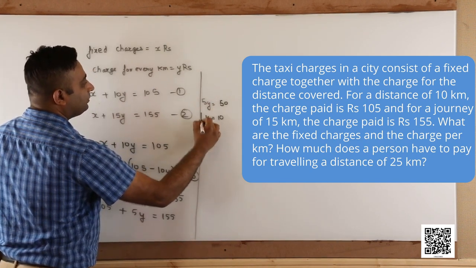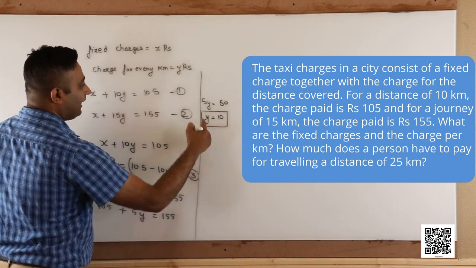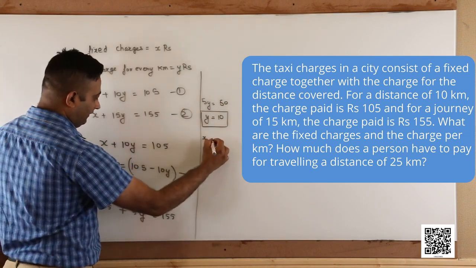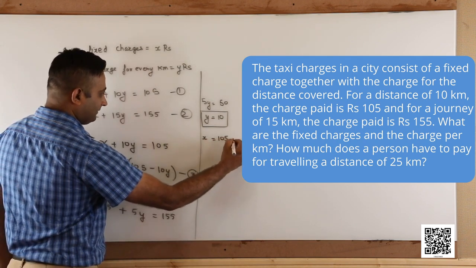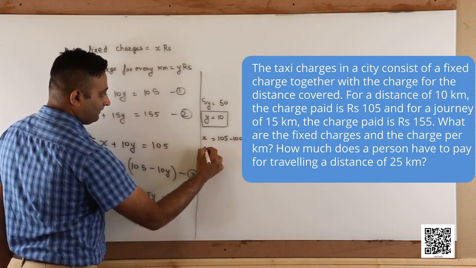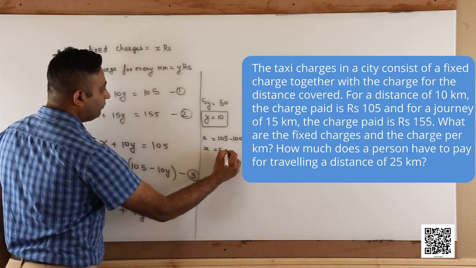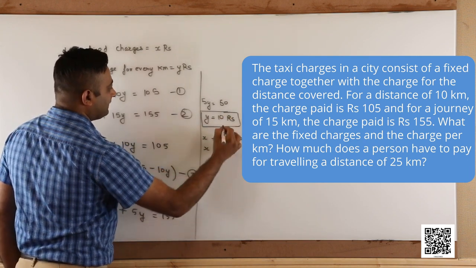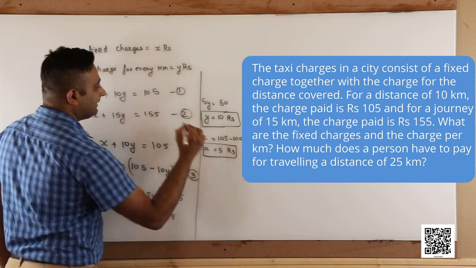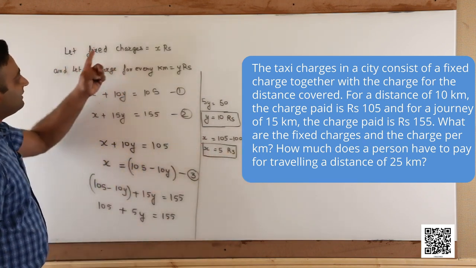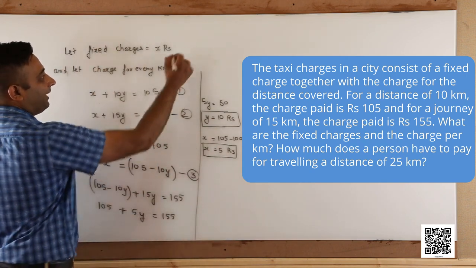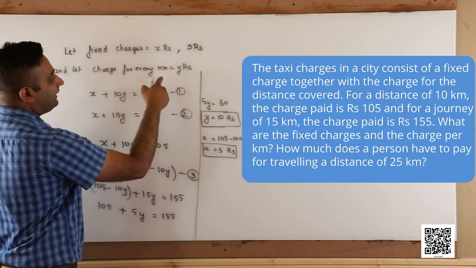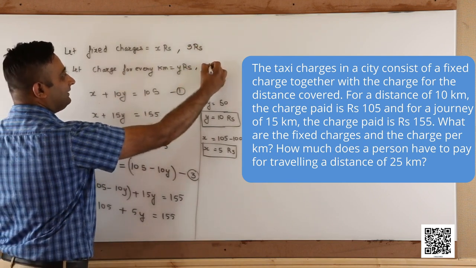That is y is equal to 10, and after substituting the value of y in equation number 3, we will get the value of x, that is x is equal to 5 rupees and y is equal to 10 rupees. So the answer is that the fixed charges are 5 rupees and charges per kilometer are 10 rupees.